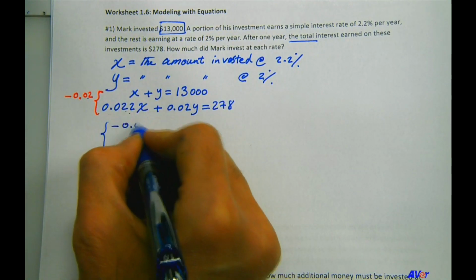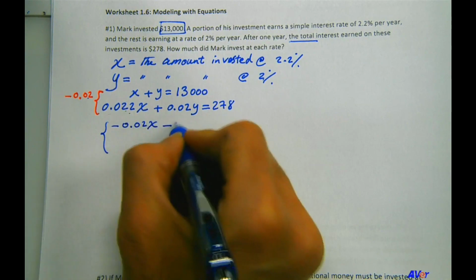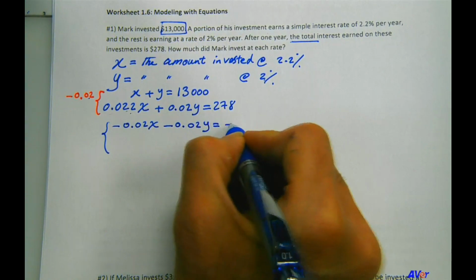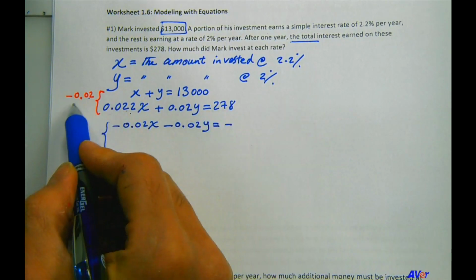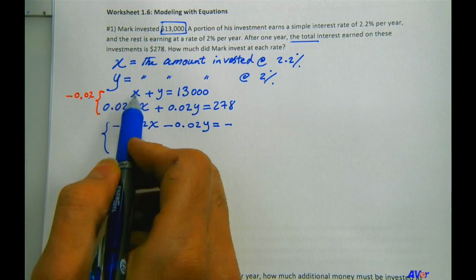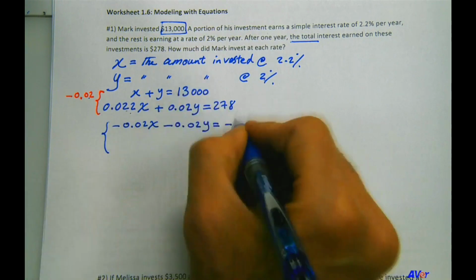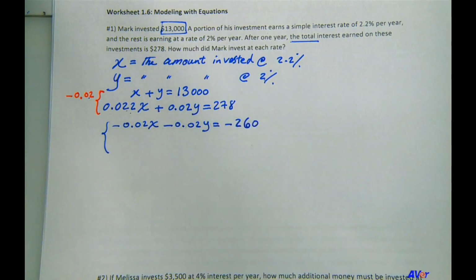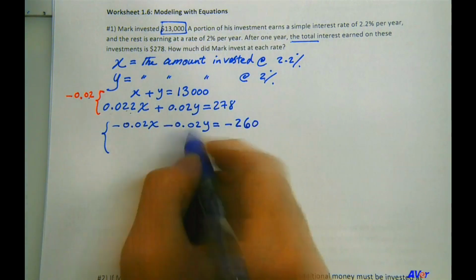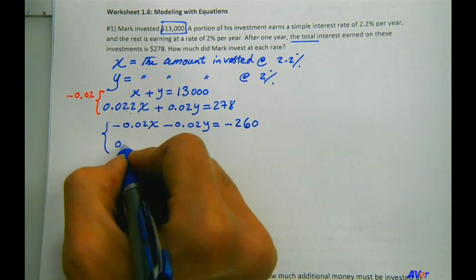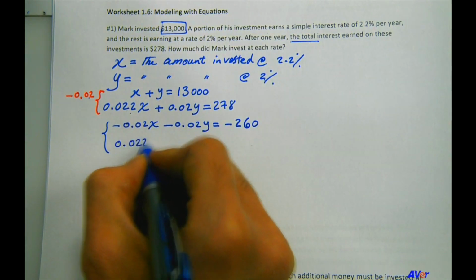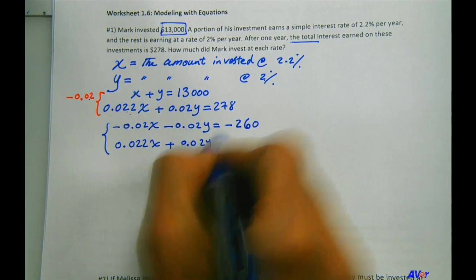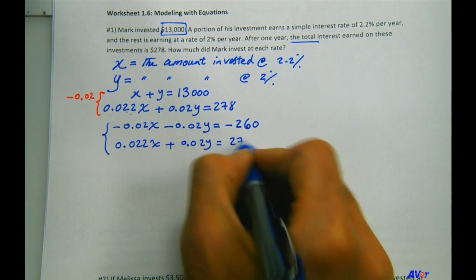Minus 0.02x minus 0.02y equals minus, if you multiply minus 0.02 times 13,000, you get minus 260. Okay? So now let me write down the bottom equation as it is, 0.022x plus 0.02y equals 278.